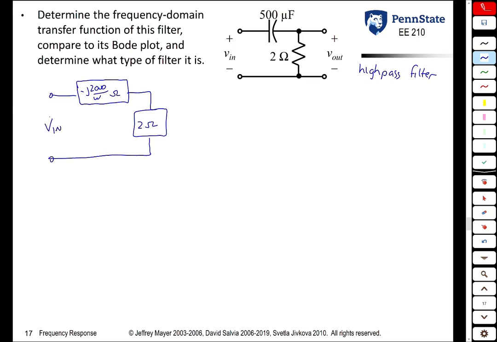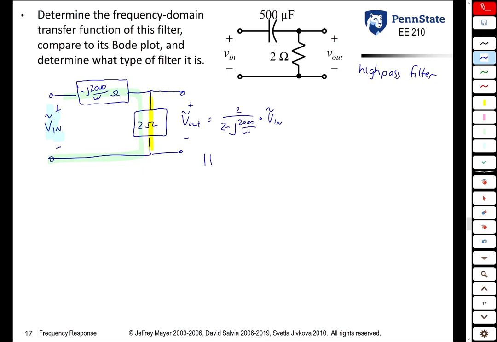So we have the V in phasor on the left. What we're measuring now is the voltage across the resistor. That's V out phasor. And from voltage division, it equals that impedance over the sum of the two impedances times this input signal. So V out phasor is 2 over 2 minus J 2000 over omega times V in tilde.